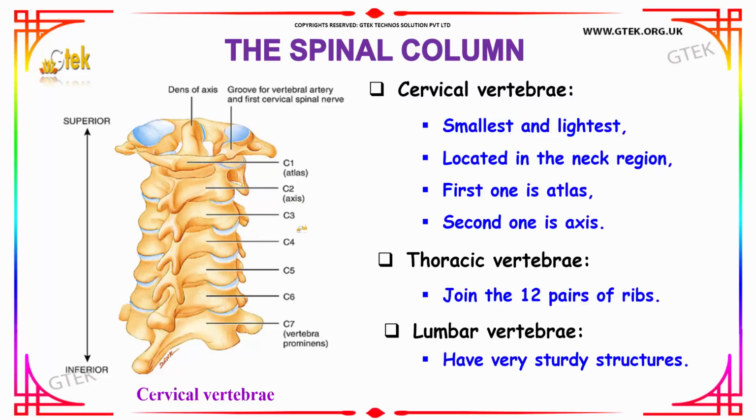The first one in your cervical vertebrae is known as the atlas, and the second one is known as the axis. In your thoracic vertebrae, they join the 12 pairs of ribs in your rib cage.